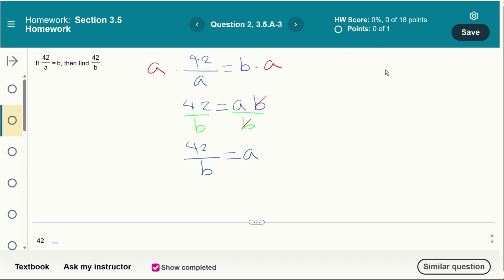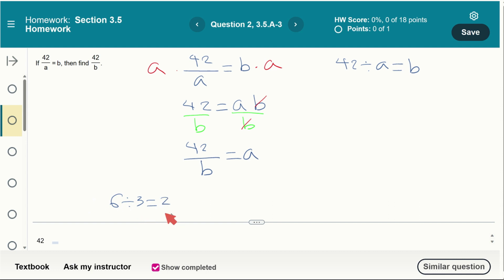The other way is to notice that just using the definition of what 42 divided by A equals B means. Let's look at a quick example. What does 6 divided by 3 equals 2 mean?